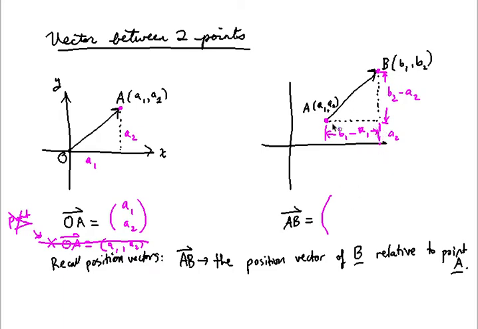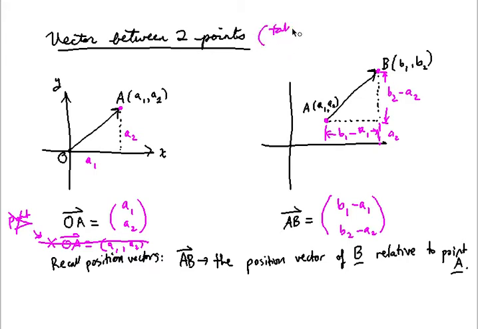We can say that a vector between two points, where the vector is going from A to B, is really just the coordinates of B minus the coordinates of A. So the x value here would be B1 minus A1, and on the bottom the y coordinate would be B2 minus A2. That is a very convenient way of finding the vector between two points.